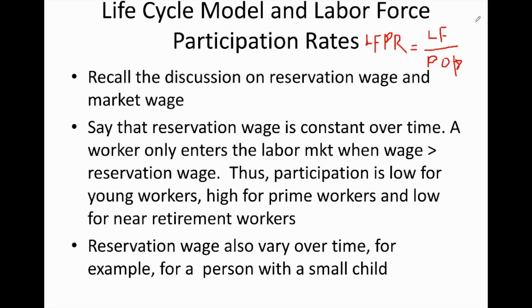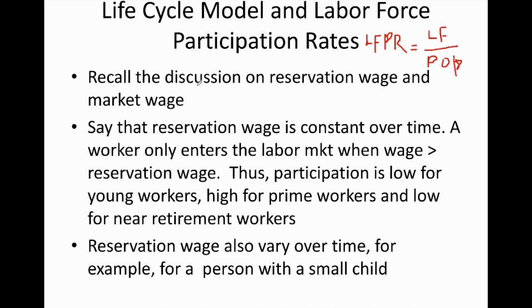The labor force involves those aged 16 years and above, employed and unemployed, and if they are unemployed, they should be actively seeking a job. Those are the definitions of the labor force. And then to calculate the labor force participation rate, we divide the labor force over the working age population. We don't divide by the entire population. Usually the working age population starts from the age of 16 and above.